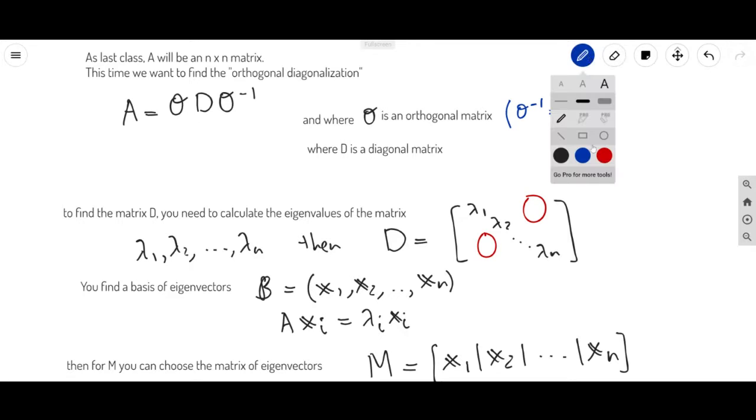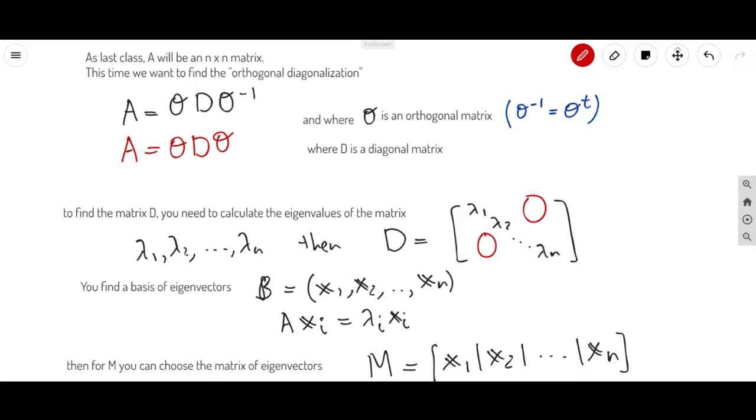So what this implies is that you can also write it like this. You can also say that A is equal to the orthogonal matrix times the transpose of the orthogonal matrix, because orthogonal means the inverse is the transpose. So that's the other way you can do it.